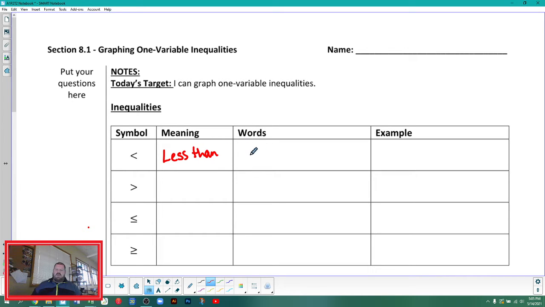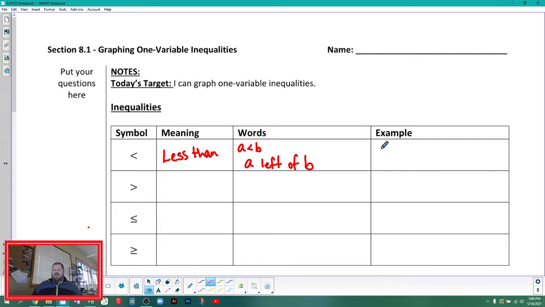In words, the thing on the left is to the left of the thing on the right. So if we say A is less than B, A is left of B. And I'm talking about on a number line. Okay, A is to the left of B.